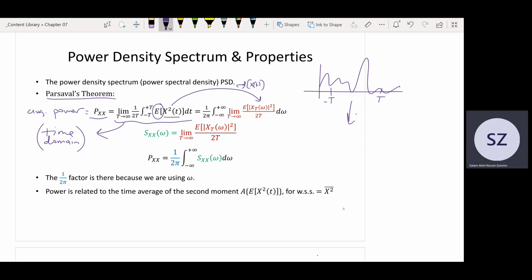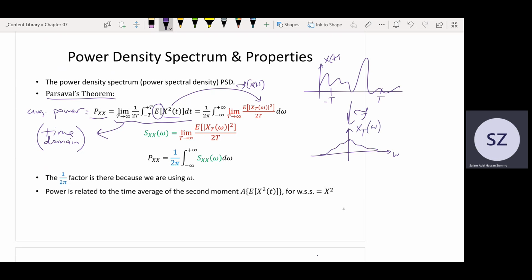It will be some function, I don't know. If this is x of t, one realization, this will be X_T of omega.